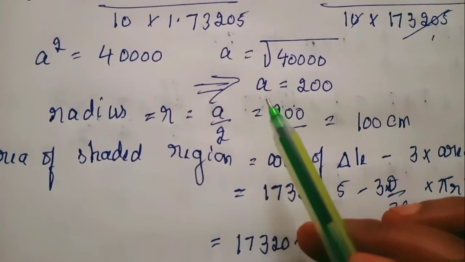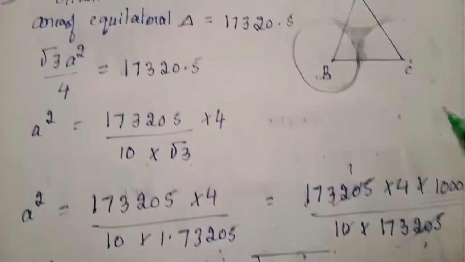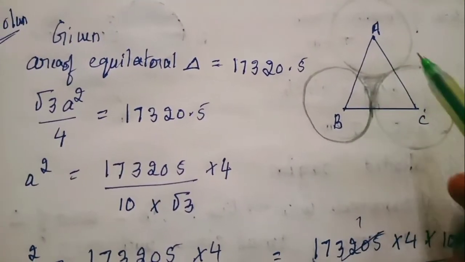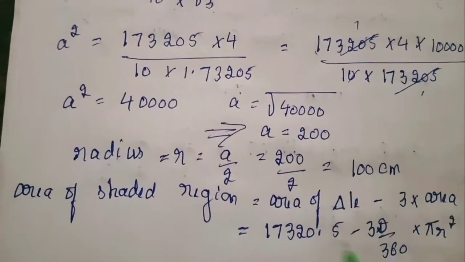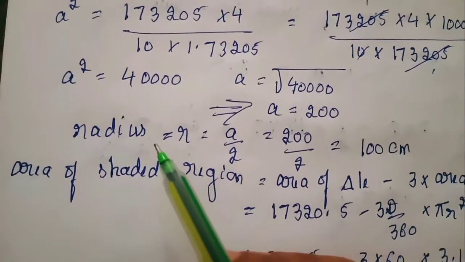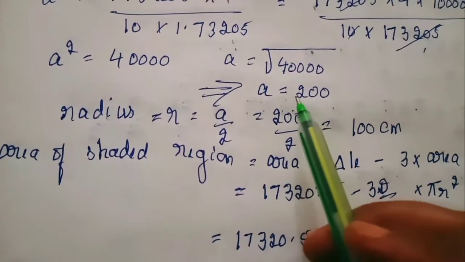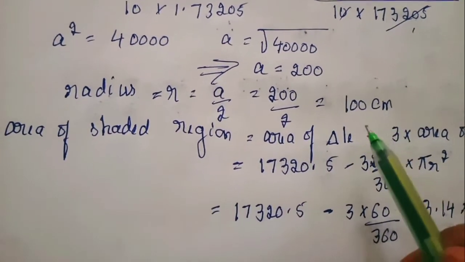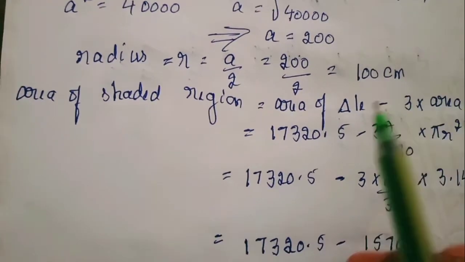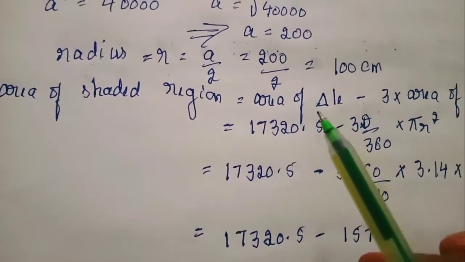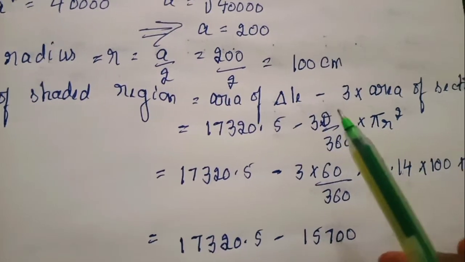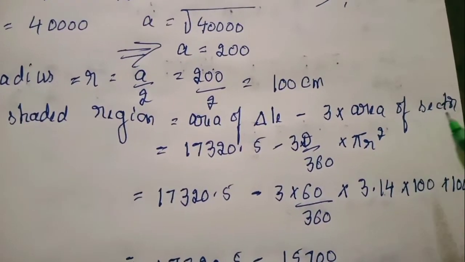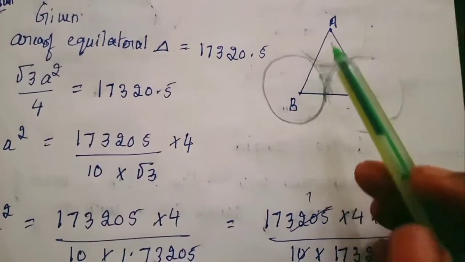So we got this. What is a? This a is nothing but the side of the equilateral triangle. Now we need the radius. What he has given in the question is that the radius is half of the side. So the radius is 200 by 2, that is 100 centimeter. Now the area of the shaded region equals the area of the triangle minus 3 times the area of a sector, that is, 3 sectors we have to remove.